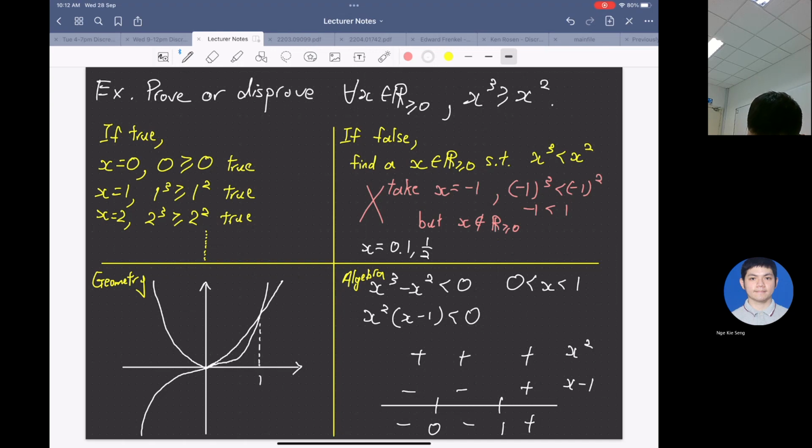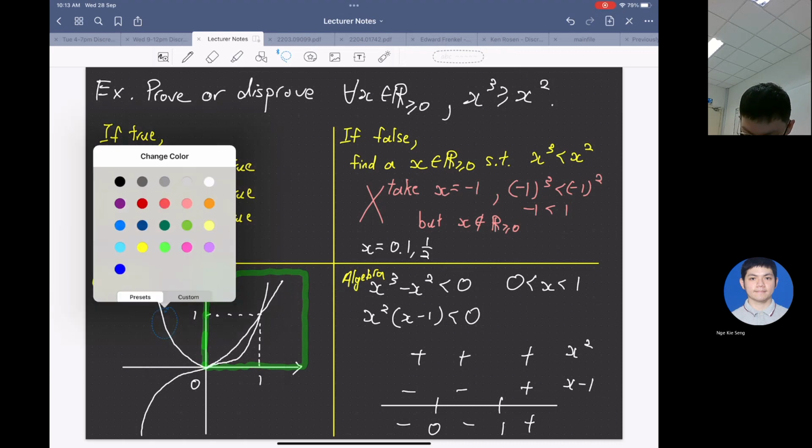But this is the one. Okay. So this question is only focusing on the first quadrant. Focusing on this quadrant. Let me color it so that it stands out more.